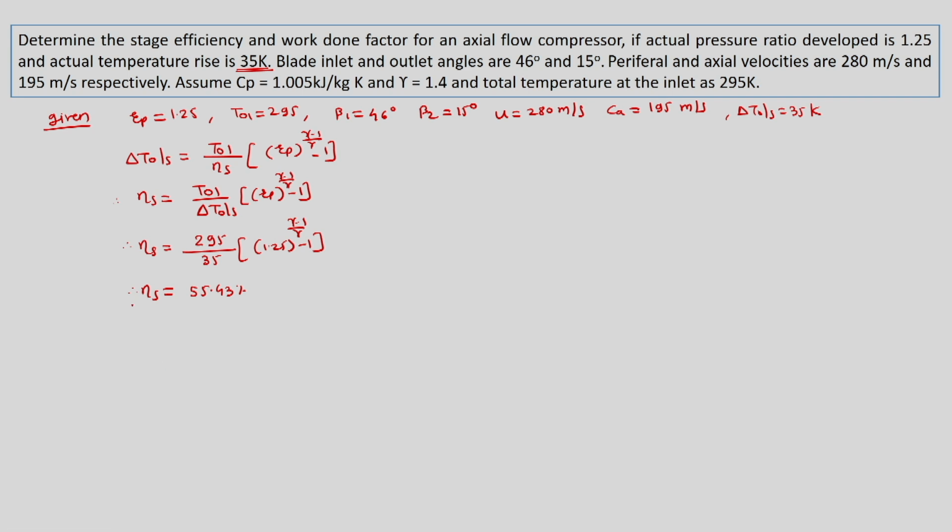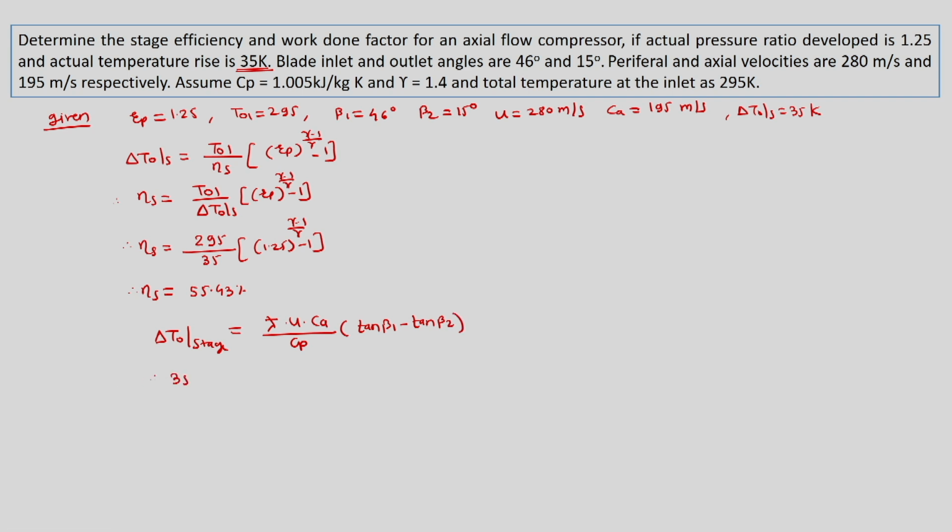Then we are supposed to find out work done factor. For that we can make use of the formula delta T0 stage is equal to work done factor into U into Ca divided by Cp into tan of beta 1 minus tan of beta 2.